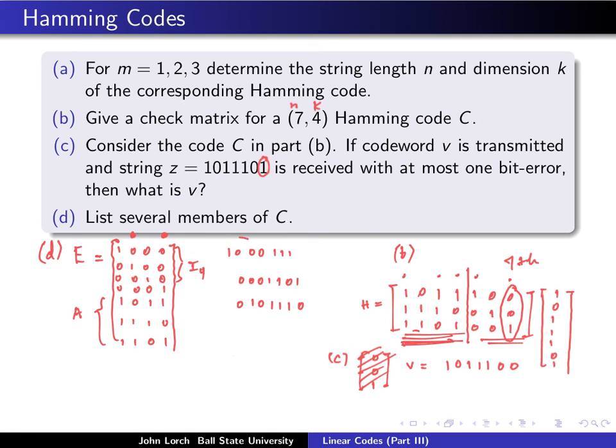So anyway, this is probably the best way to list off members of C: pull off that matrix A from the check matrix and then set it below an identity matrix to form this other matrix E, whose columns, when you take their linear combinations, will give you the code words.